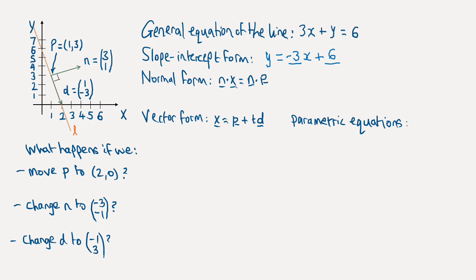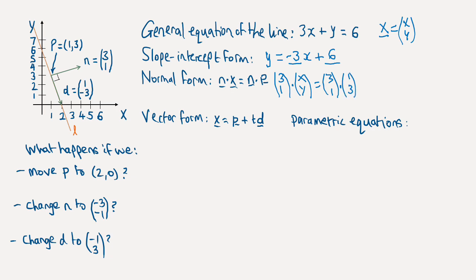So let's write out what that looks like in this case for the normal form of the equation of the line. So we're going to have n, 3, 1, dot product with x, and x now is a vector, so it's x, y, equals, and then normal vector again, 3, 1, dot product this time with the point P, which in vector form is 1, 3.